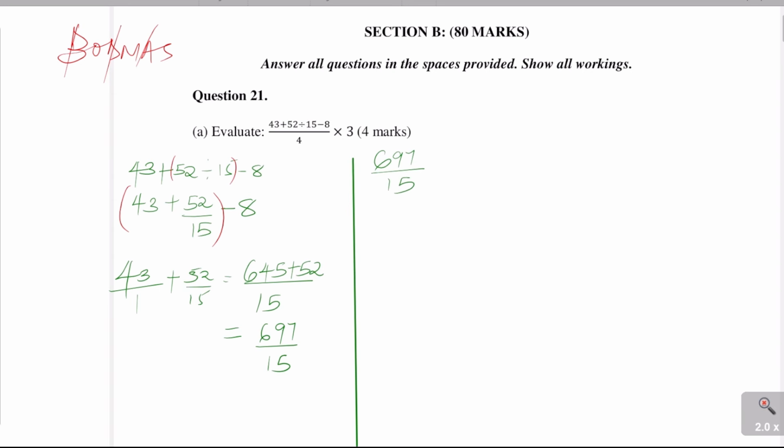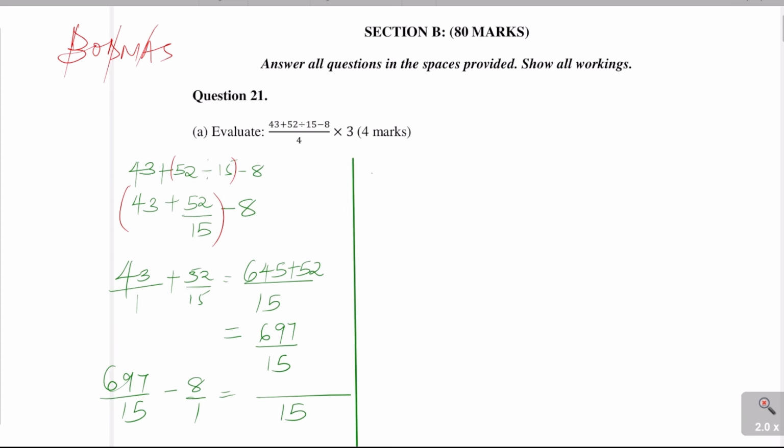And then we are supposed to divide that one by 4, but we need to subtract first before we go to division. We have not subtracted 8. So we have 697 divided by 15, subtract 8. So 8 over 1, again, get the LCM.